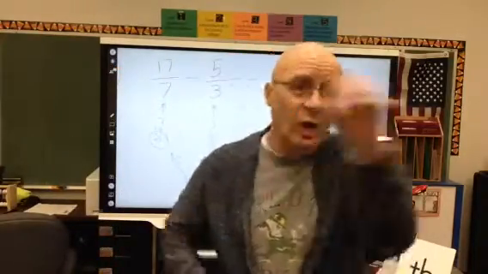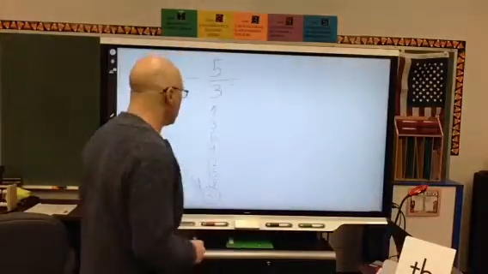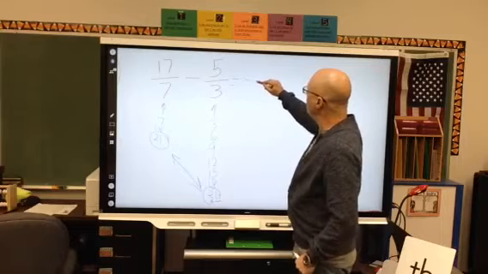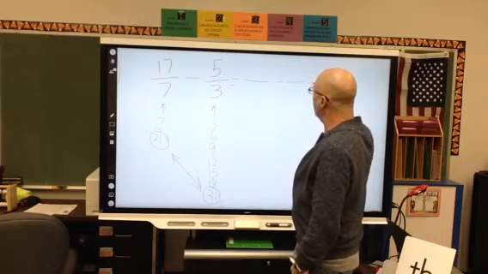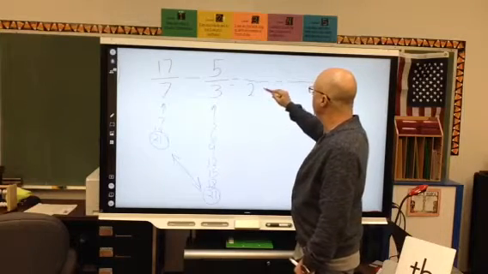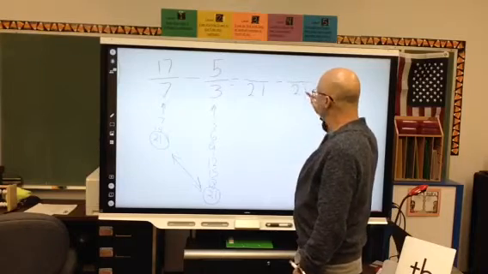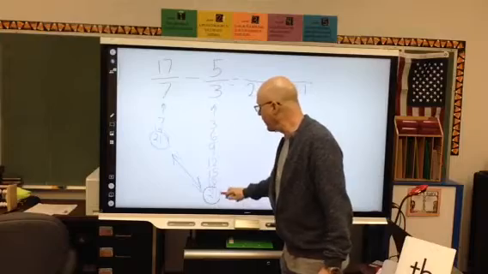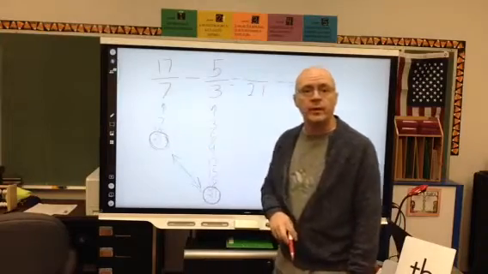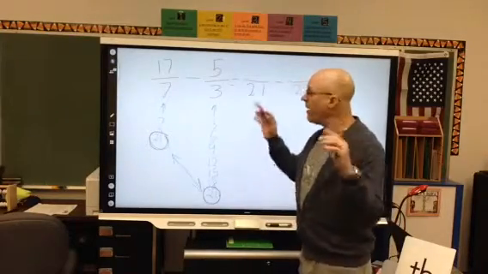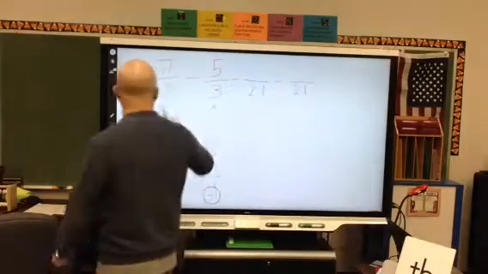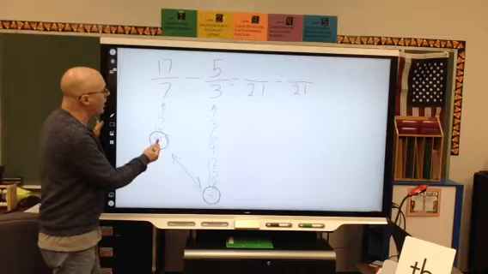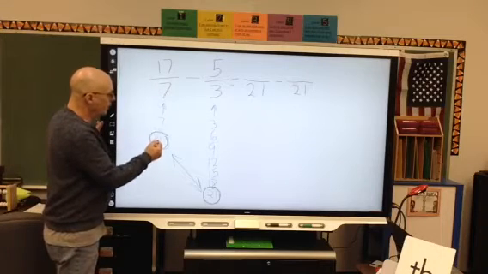21 is the denominator. Now I've got to rewrite the whole problem, right? I'm going to rewrite this problem with 21 as my denominator in both fractions, because that was a common one. I had 21 here and I ended up getting 21 here. Now whatever I've done to the denominator to get 21, I must also do to the numerator. So what did I do to 7 to get 21?